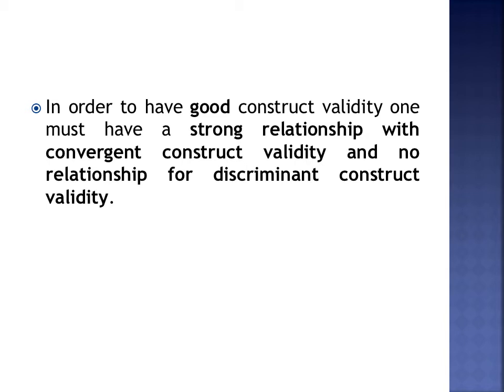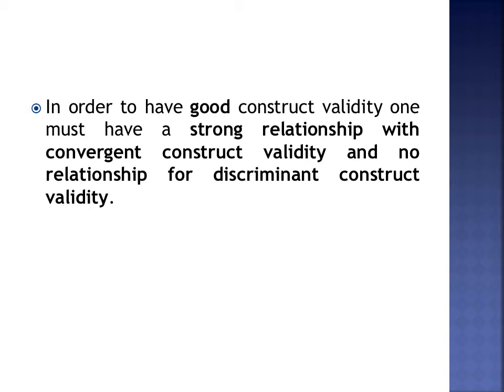All right, let's continue. In order to have good construct validity, one must have a strong relationship with convergent construct validity and no relationship for discriminant construct validity. So here, people who want to measure construct validity tend to administer the two types of construct validity, which are again convergent and discriminant.